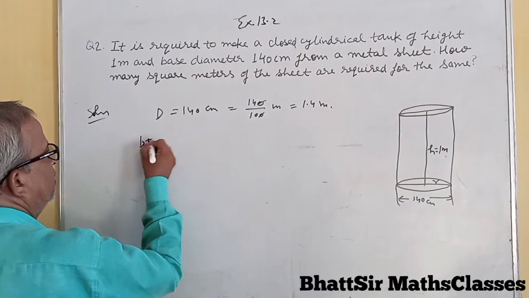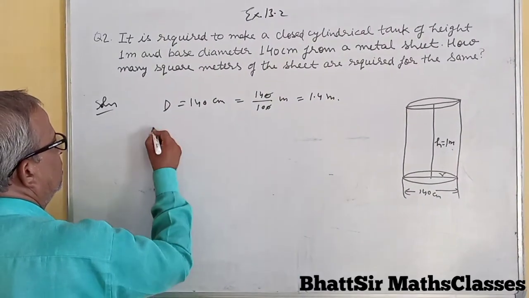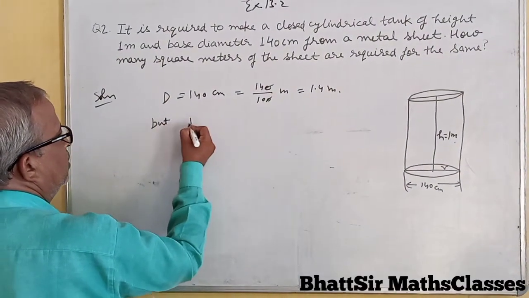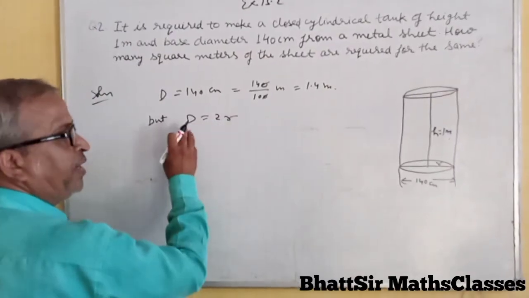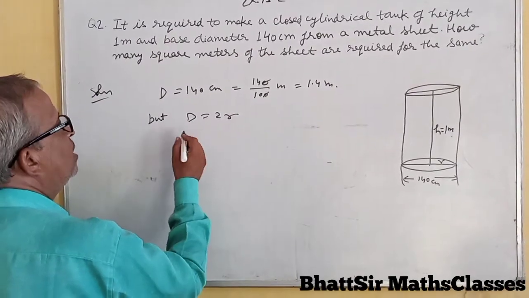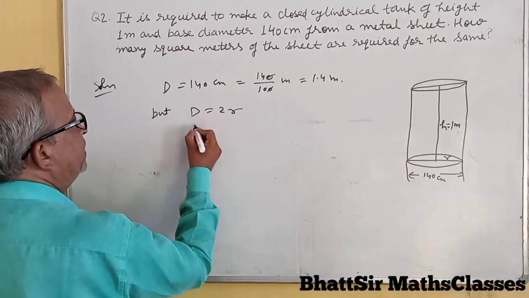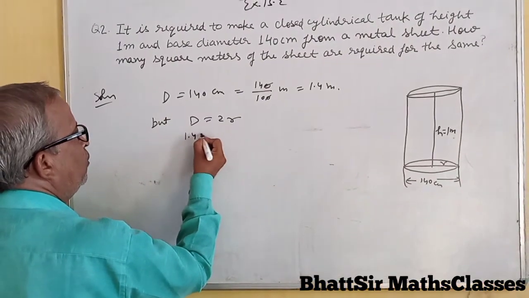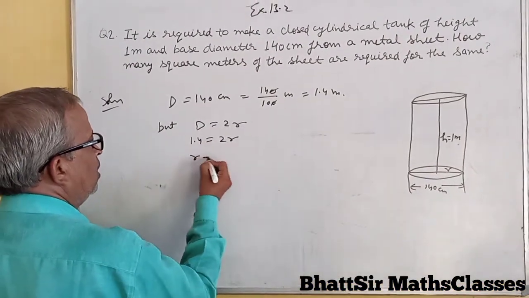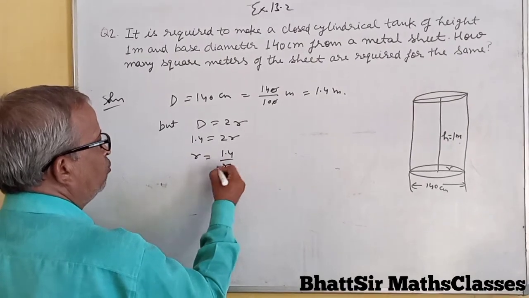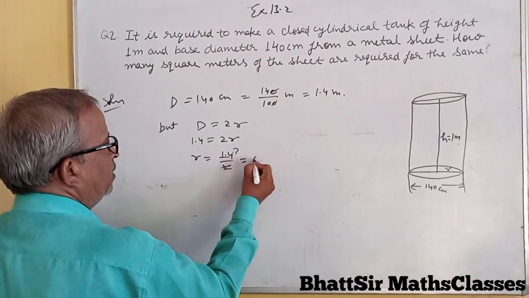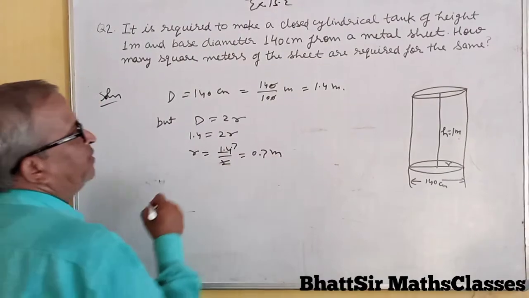But D equals 2r, where D is the diameter, r is the radius. So I want to calculate the radius. 1.4 equals 2r. r equals 1.4 upon 2, 2 sevens are 14, 0.7 meter.